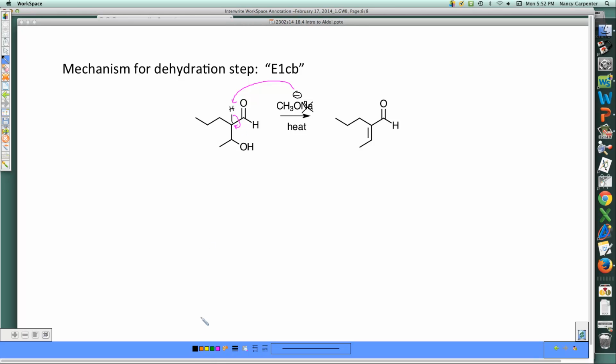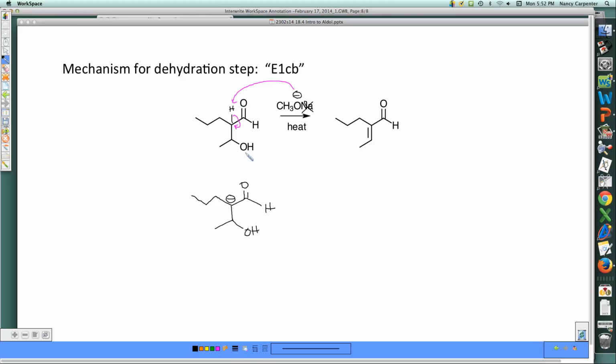I don't have any problem with that. You shouldn't have any problem with that, because after all, you're just making the enolate. There it is. A problem you should have is, why does it remove this hydrogen and not this hydrogen? Surely this is the more acidic hydrogen, and you'd be right.